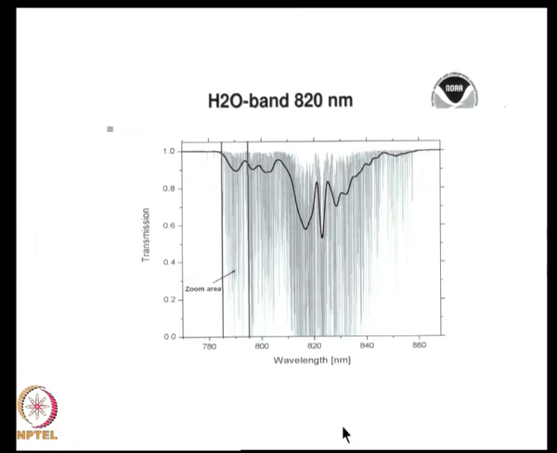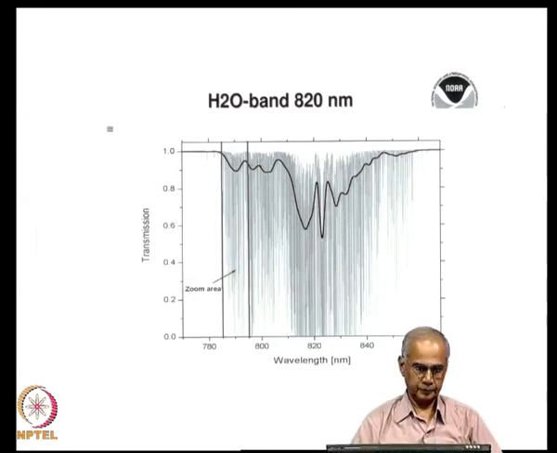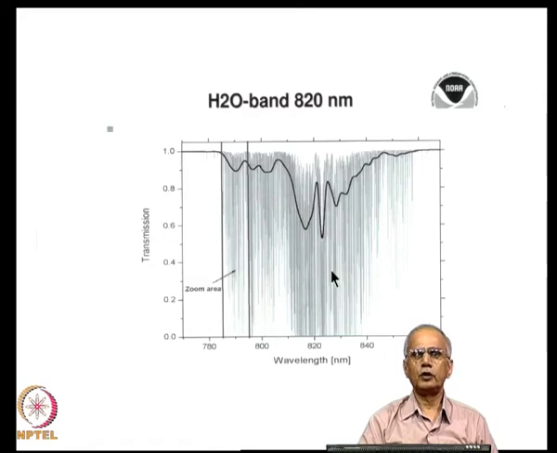Now, to illustrate this further, I am showing you the water vapor band at 820 nanometers. Notice there are a large number of lines here, huge number of them, thousands of them. If you do not want to account for all these details, you can smoothen it and you will get this black curve.